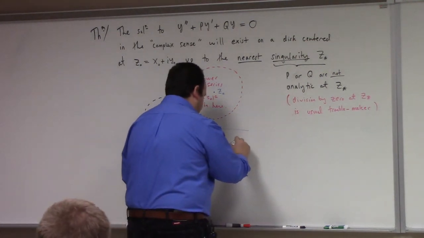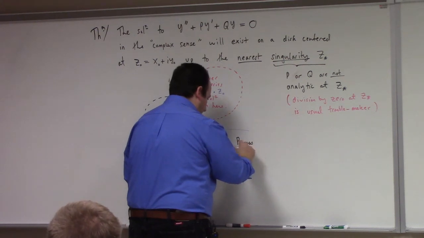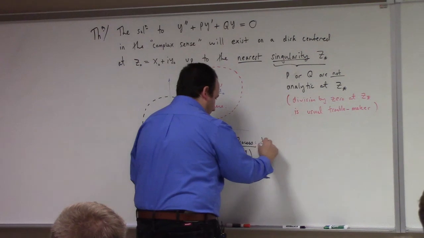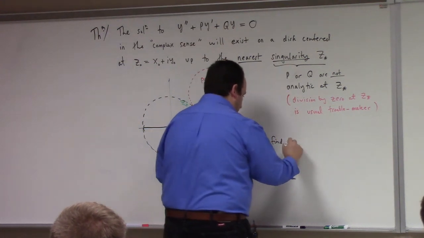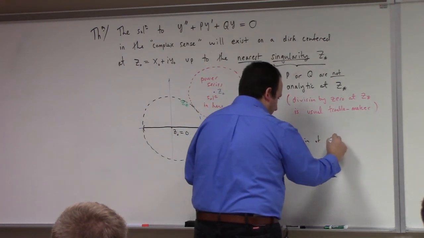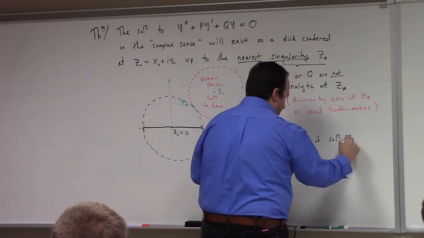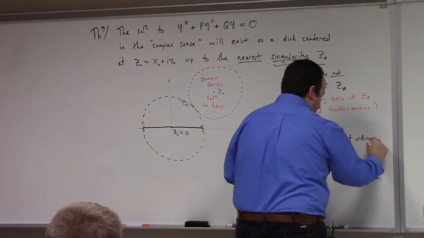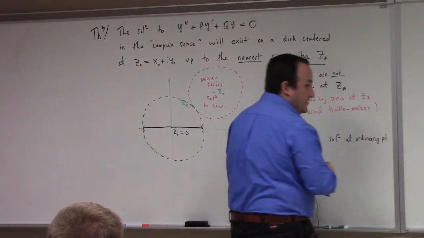So here's the process. To find a domain of solution at an ordinary point. An ordinary point is one at which P and Q are analytic.